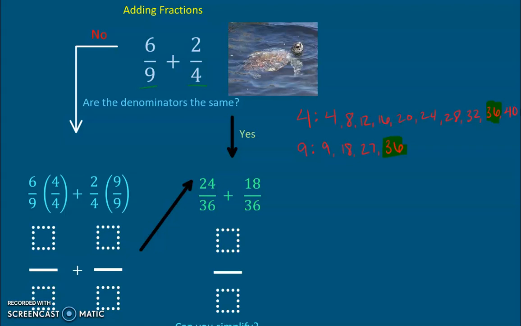So if we take this 6/9 and we need to get that 9 to turn into a 36, the only way to do that is to multiply it by 4, which we did right here. Now, there's a rule in math that says that we need to keep things balanced. So if I multiply the denominator by 4, then I have to multiply the numerator by 4 as well.